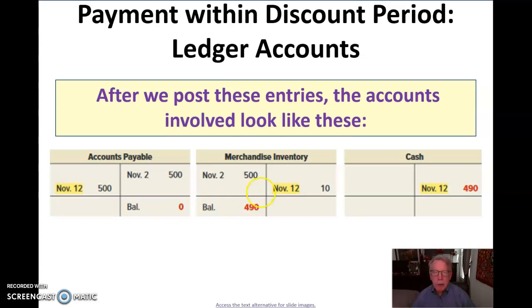So how does that little beauty look in T accounts? Here's our accounts payable. Very simple. Initially we credited it, and then we debited, and the balance is zero. Merchandise inventory, we started out with the $500 in the original journal entries, but then we reduced it by $10. So the balance in merchandise inventory represents what we paid for it, and what we paid for it was $490 in cash.